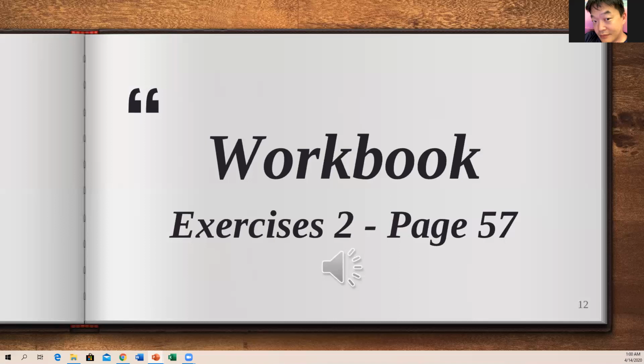Okay, so exercise number 2, you had to match the questions with the answers, and you had to use the train schedule in exercise 1 to check your answers. Okay, so let's move on here. So one side, the left side, you have the questions. The right side, you have the answers.